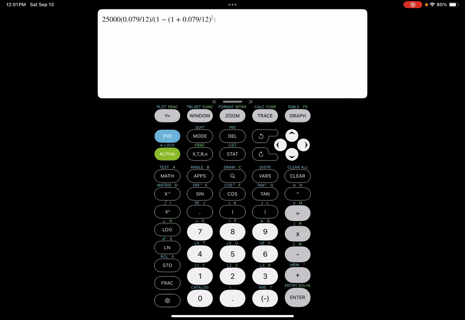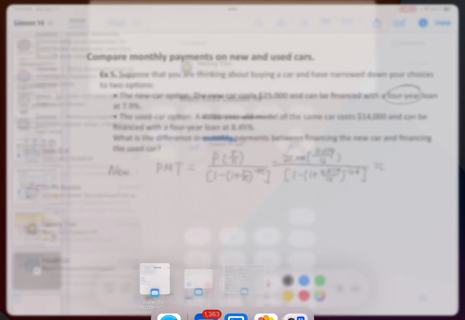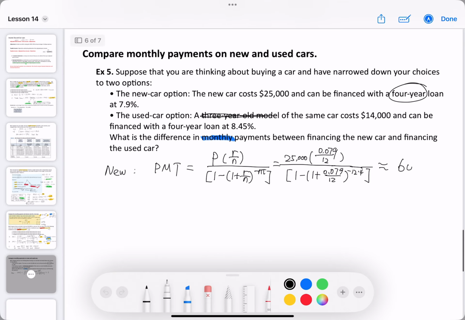Close the parentheses, raise it to the negative NT's power. N is 12, T is 4 years. Close the parentheses, hit enter. Okay, round it to the nearest dollar. We are paying $609 each month. This is the new car.